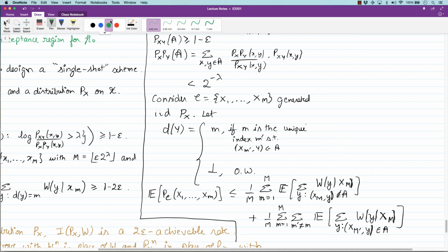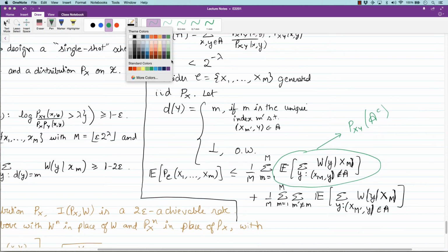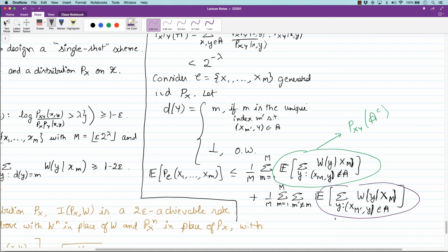Okay, so as we saw in the binary symmetric channel case, this thing doesn't depend on M at all, and this is exactly equal to Pxy of A complement. And this second term here again doesn't depend on M, and this is exactly equal to Px Py of A. That's something we saw earlier, and this can be shown again.